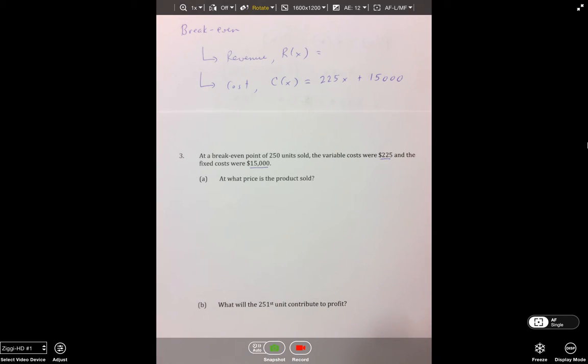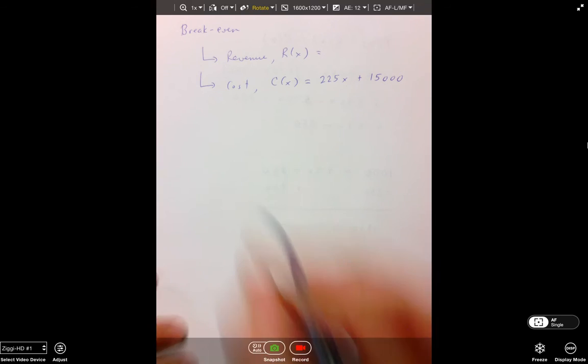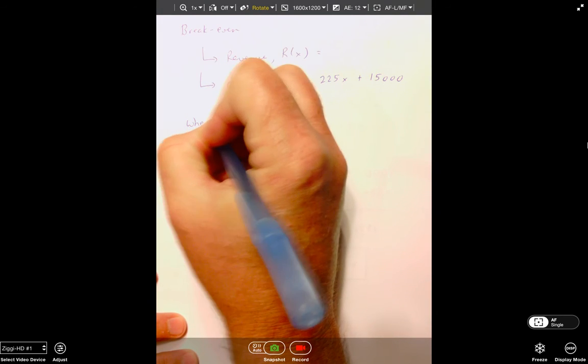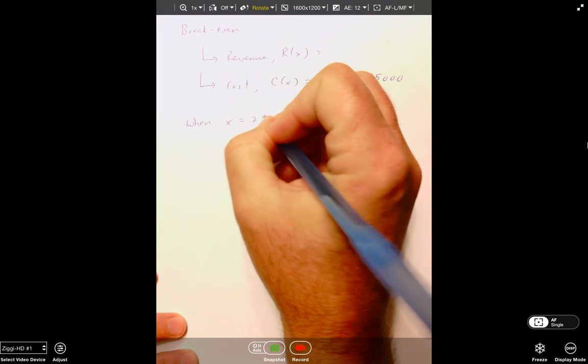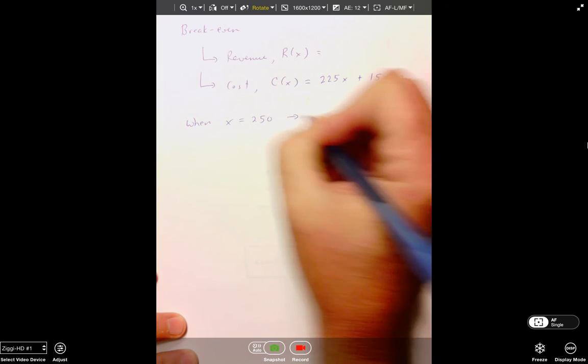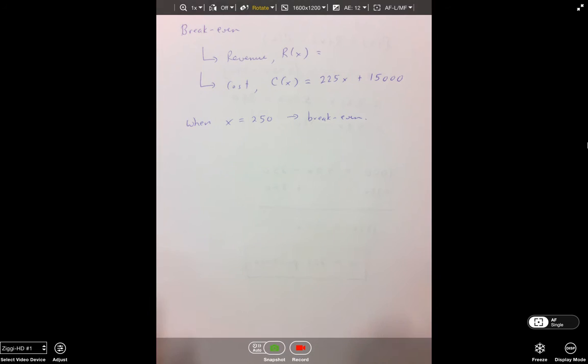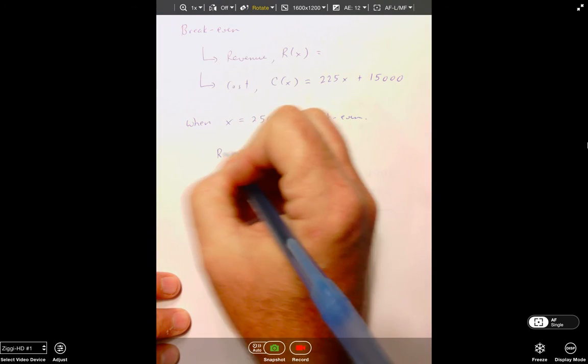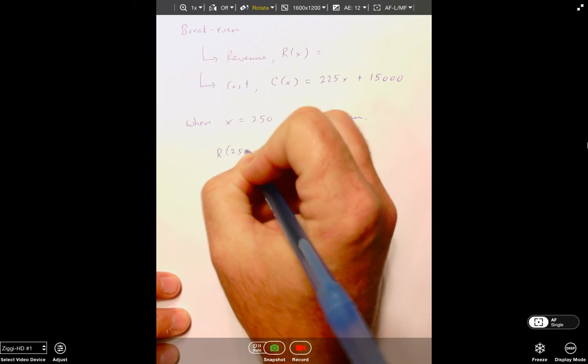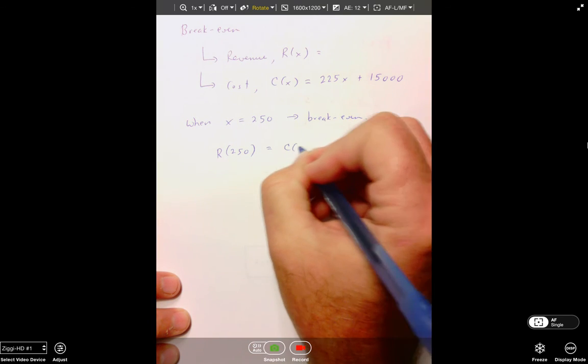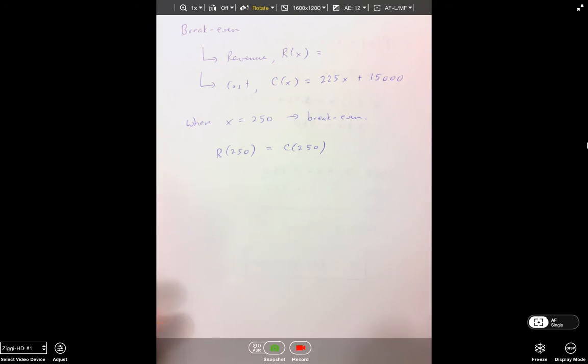Now, something else I know is that the break even is at 250. So we get a break-even point. So that tells me that R of 250 has to be equal to C of 250.